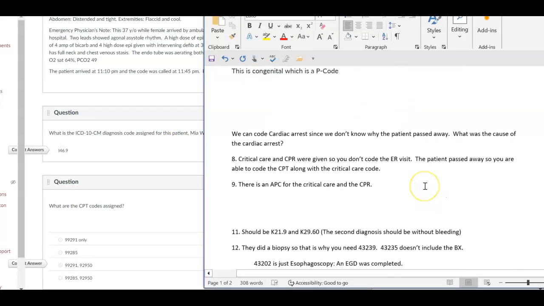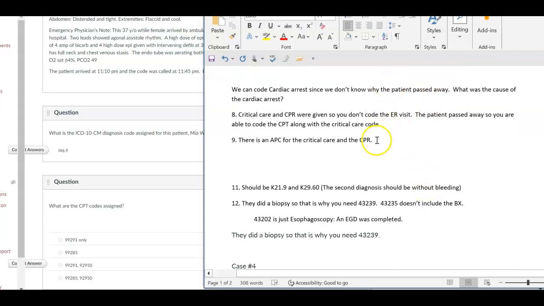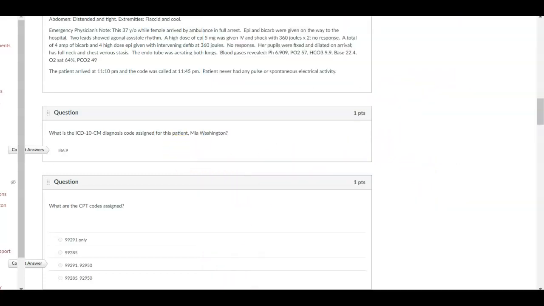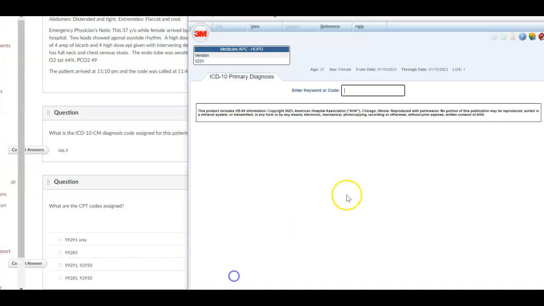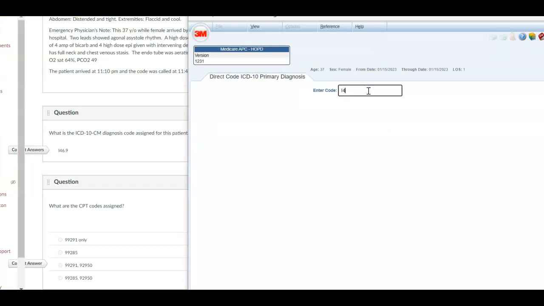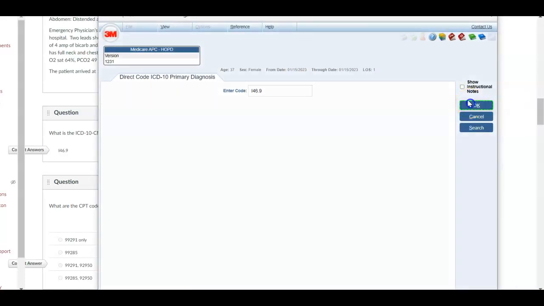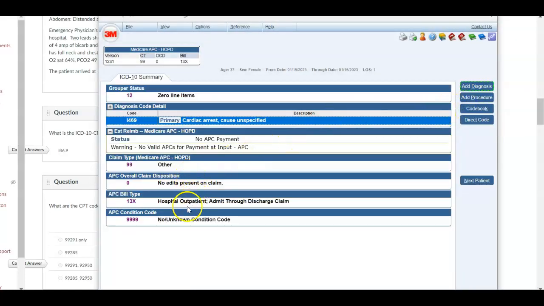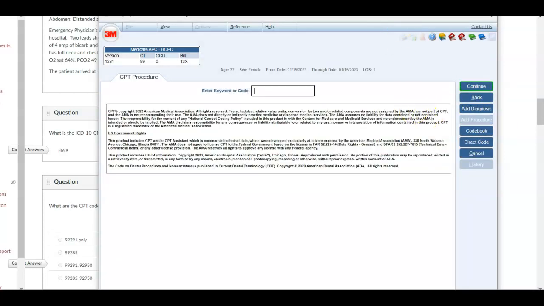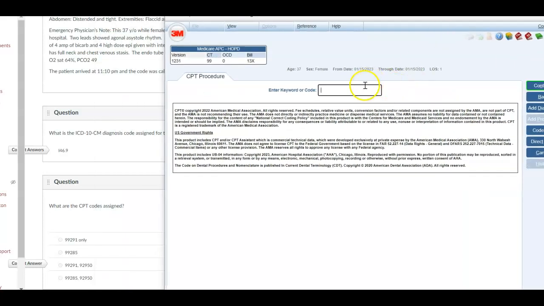So let's go ahead and look at this. I'll go through the cardiac arrest, but let's go ahead and get these in here. So we're going to put our primary diagnosis, I46.9. All right, so right here we have cardiac arrest, cause unspecified. We're going to add our procedures, and I'll talk about them after I add those in.